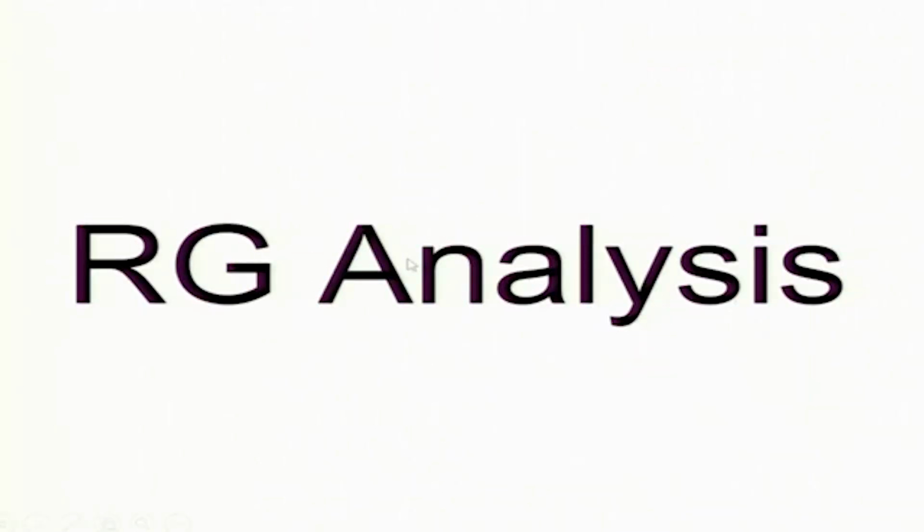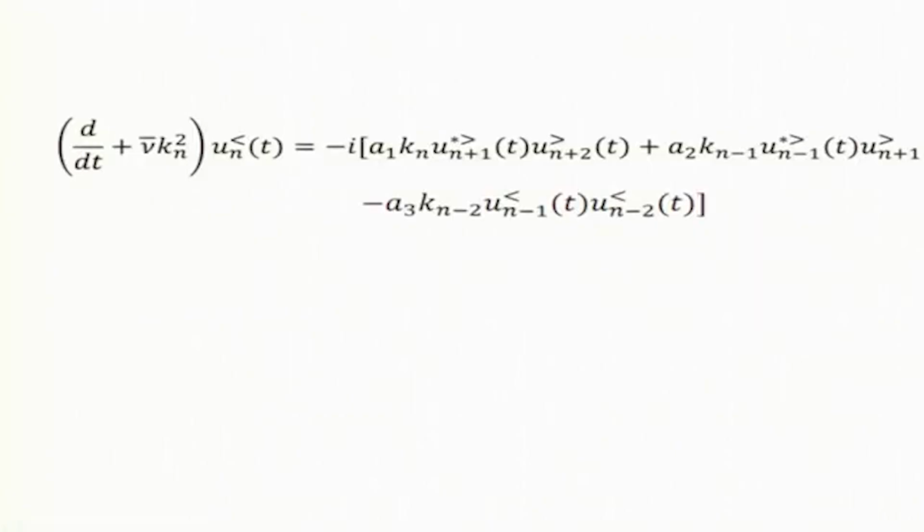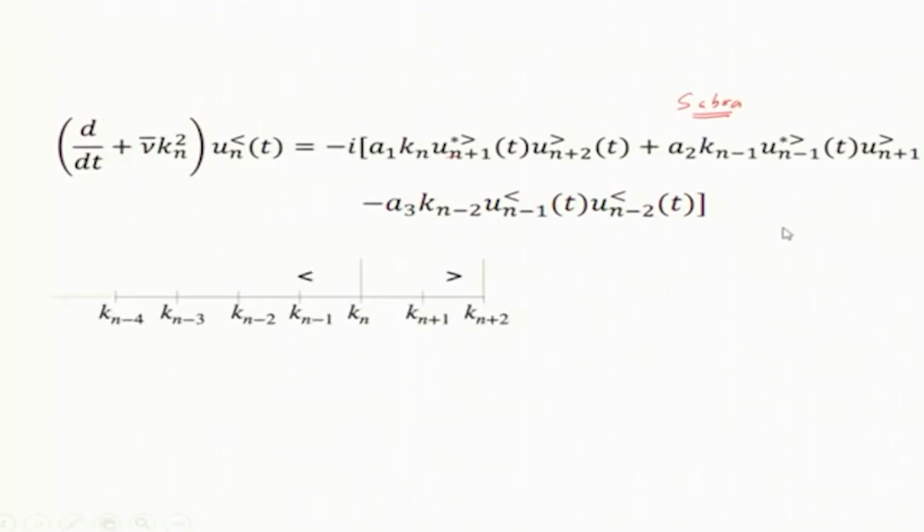RG analysis. So, this is the equation I wrote right before. There is one thing I am not focusing on: some are complex conjugates, some are not. This is called the Sabra shell model. It has some advantages, but we will not get into that part. Now we are going to divide these shells into lesser shells and greater shells.